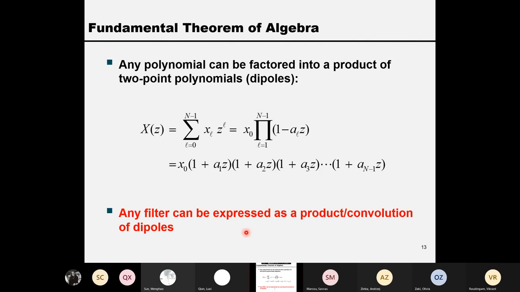So you decompose your filter into many dipole filters, and you just do a convolution of dipoles one by one. That's the general case.